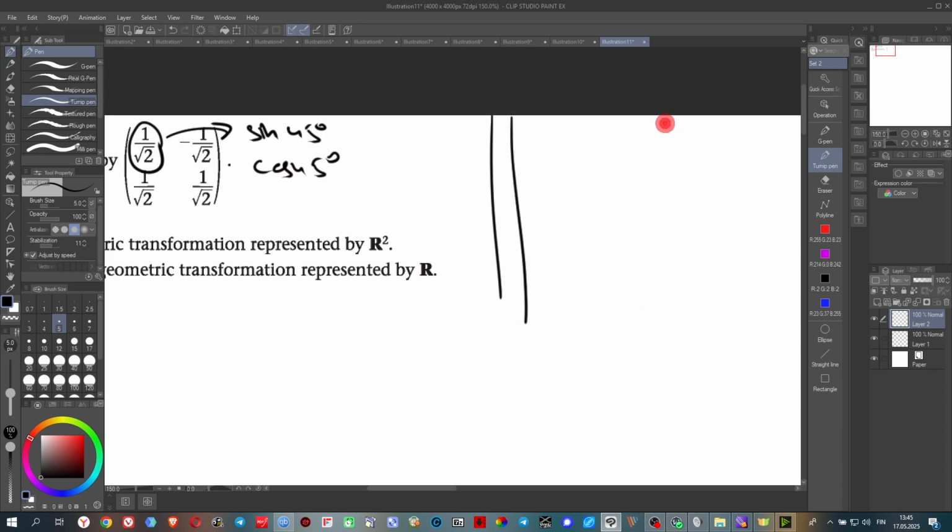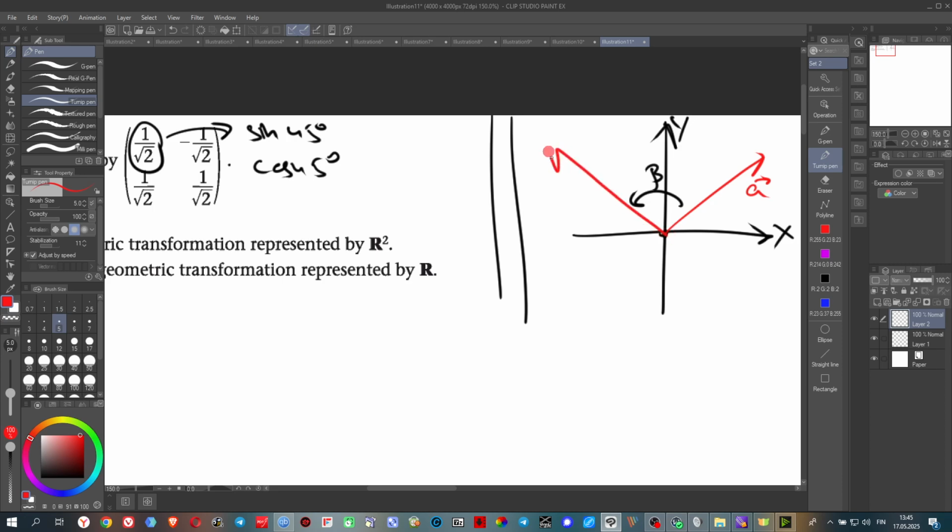And as we described earlier, what is a rotation matrix? If you have xy axes, and assuming you rotate everything with respect to the origin by some angle beta, you rotate every vector. Vector A is an old vector, and you get the vector H, a new vector after rotation.